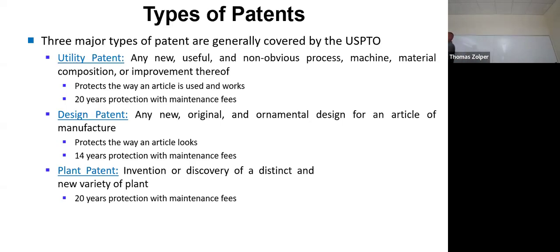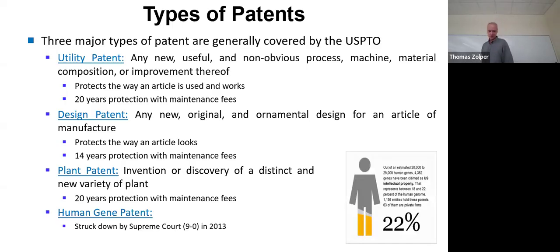A third type of patent is a plant patent. And this is intended to protect plant breeders or even genetic modifications to those plants. And it also provides 20 years of protection with maintenance fees. There was, for a brief period, a fourth type of patent referred to as a human gene patent. It's thought that of the 20 to 25,000 human genes, over 4,000 had been patented just before 2010 or so.